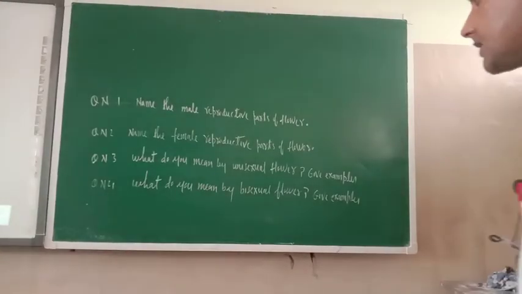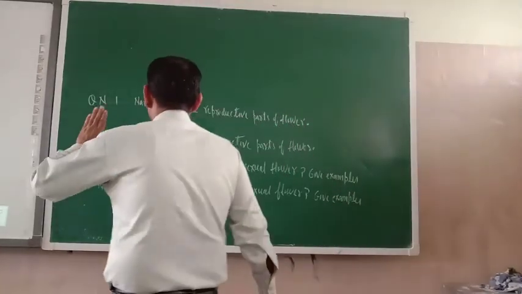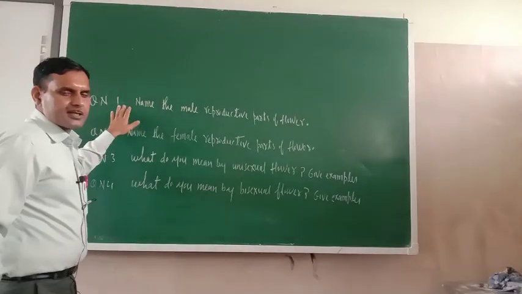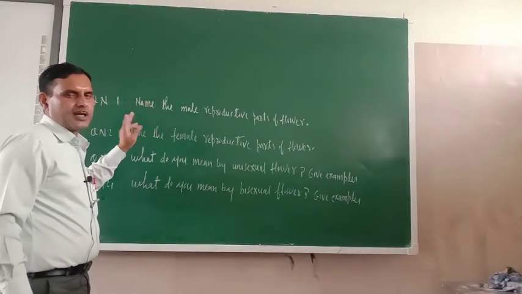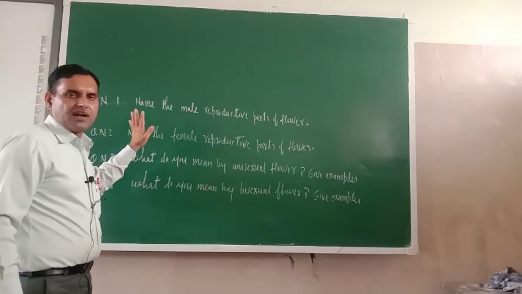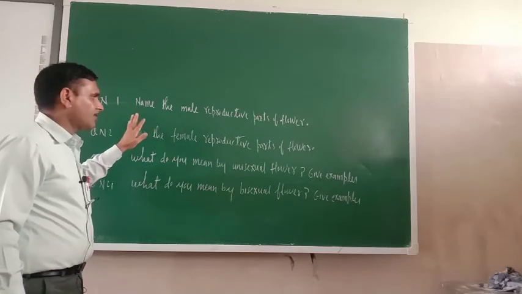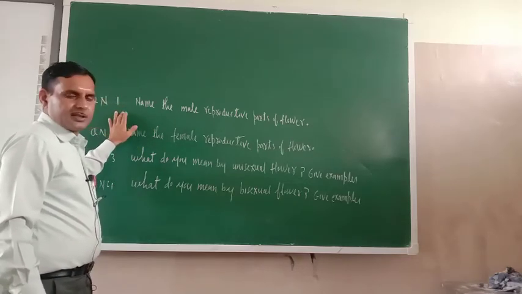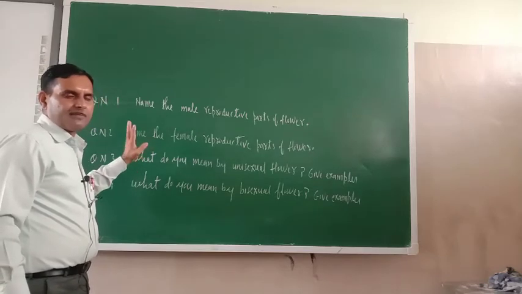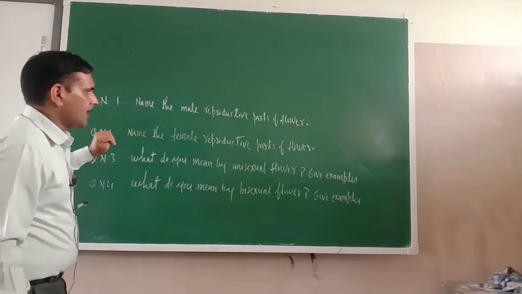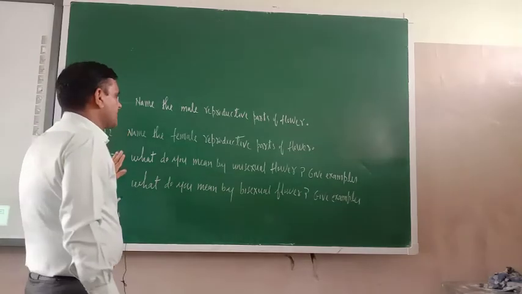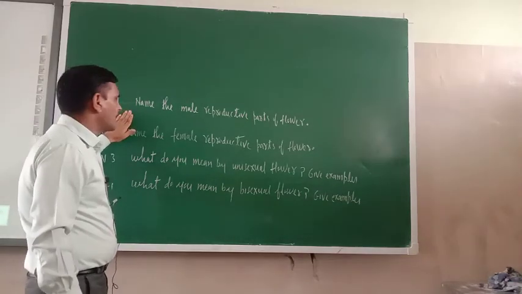So dear cadets, in this way today's duration is almost finished. So how many portions did I teach today? Actually I taught you the parts of a flower, and after that I taught you types of flowers. So our questions belong to these two categories only.